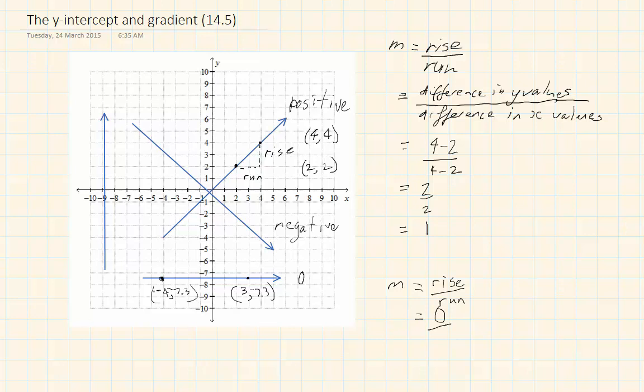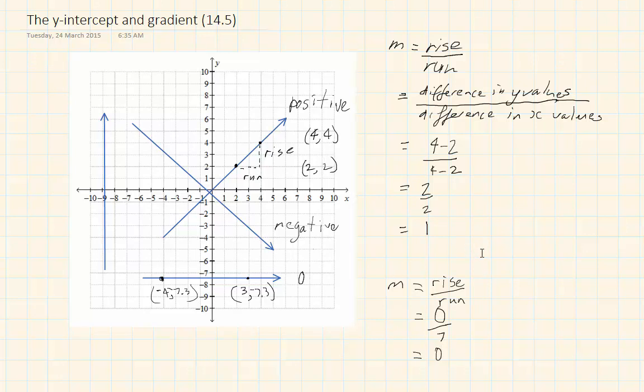Well, there is a change in our x values. We can see a change of 7, because the difference between negative 4 and 3 is 7. So you can put that there, 0 and 7. Now, 0 divided by any number is 0. So 0 divided by 7 is 0, 0 divided by 2 is 0.